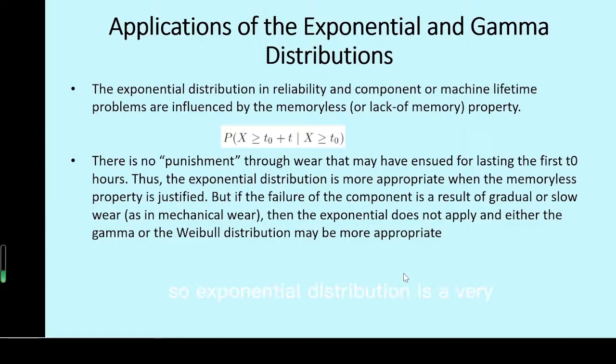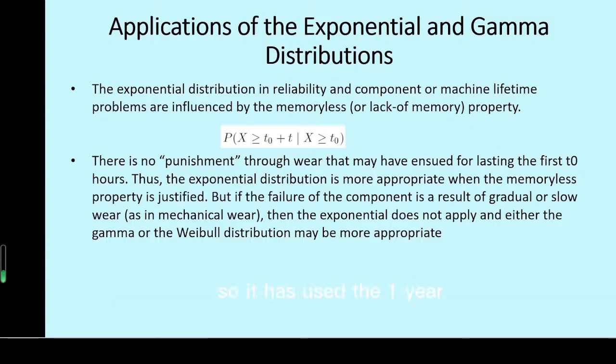So the exponential distribution is a very ideal distribution. For example, you have a light bulb that has been used 1 year, with no problem. If we assume this product follows the exponential distribution, then the probability of no problem next year is the same as if you buy a new one and use it 1 year with no problem.